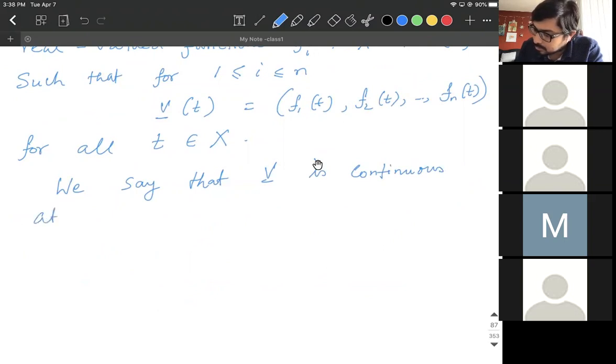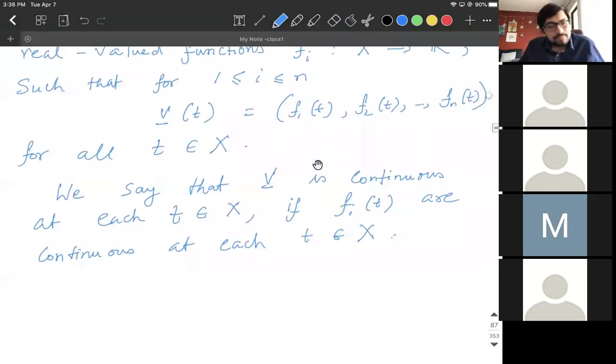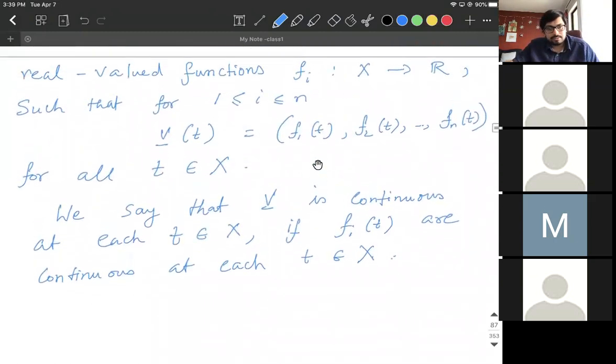At each t, if the individual functions f_i(t) are continuous at each t belonging to X. So, a vector valued function is defined through functions of a real variable, basically.